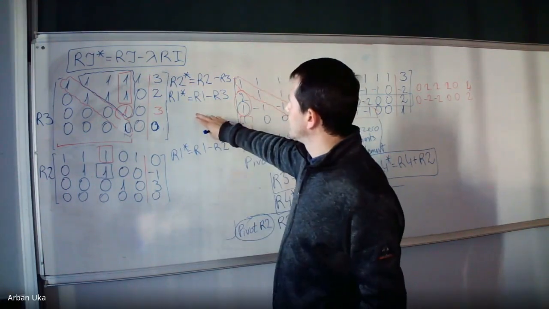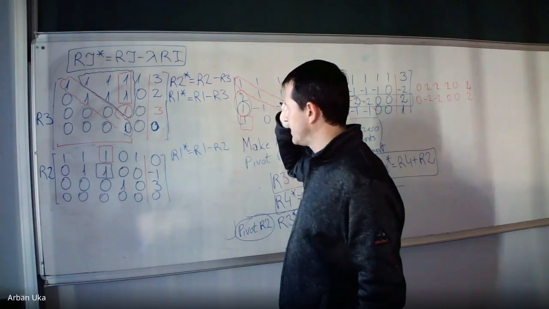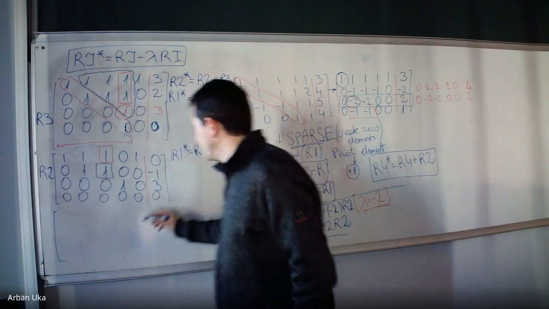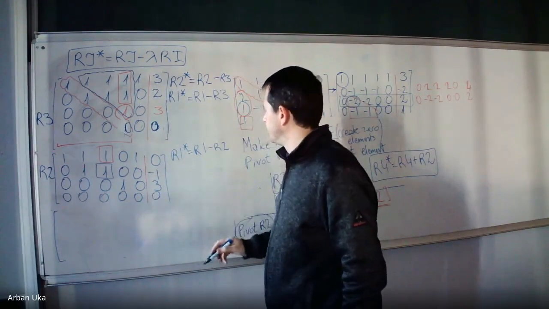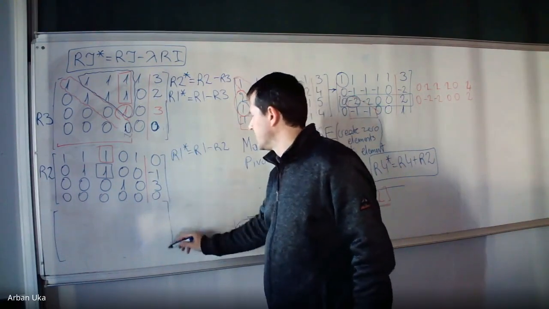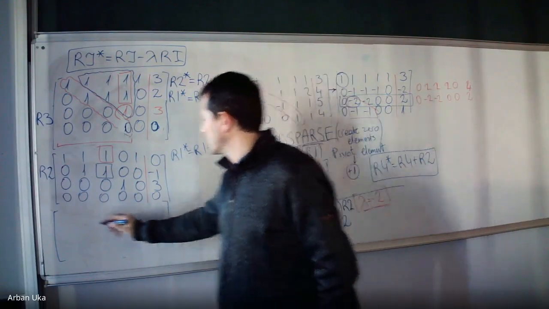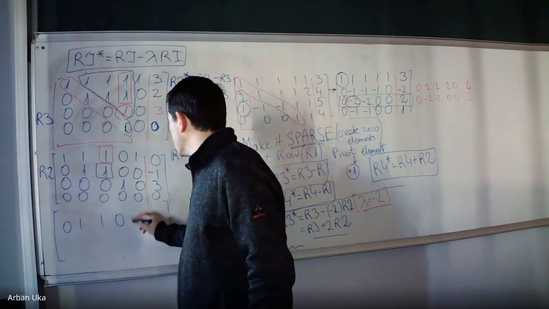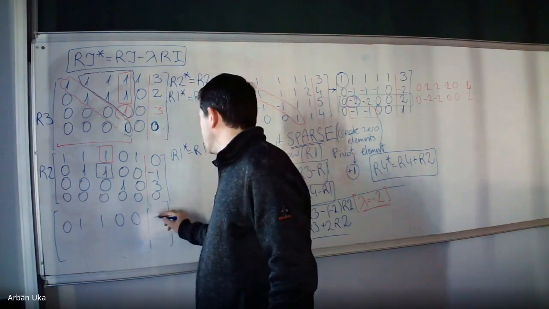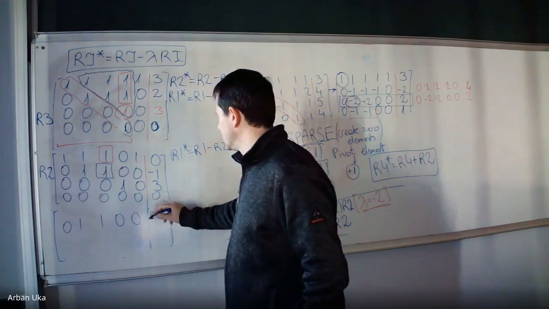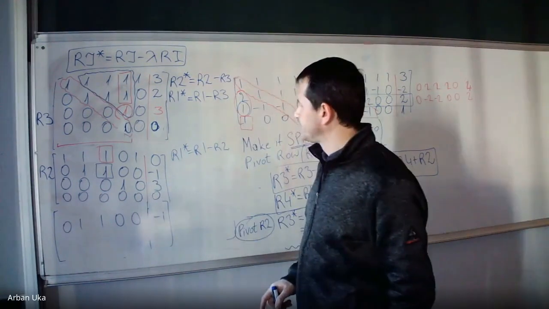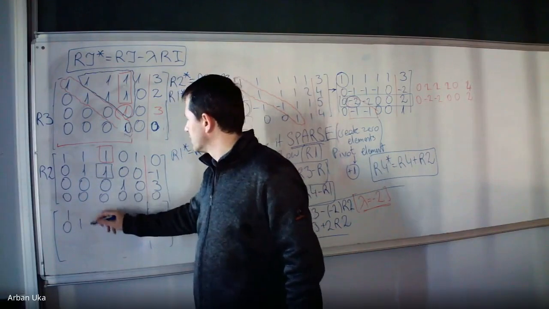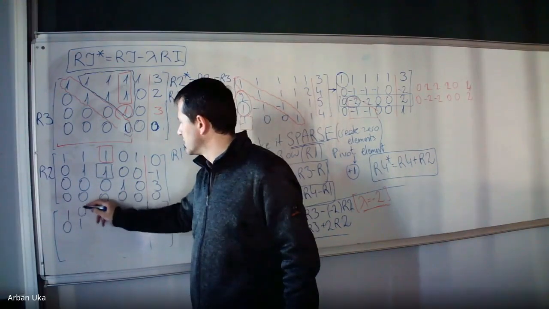Did we do everything correctly here? I think everything is fine. Now, here, we can modify the following as this would be 0, 1, 1, 0, 0, minus 1. And the first row would be 1 minus 0, 1, 1 minus 1 minus 1, 0.